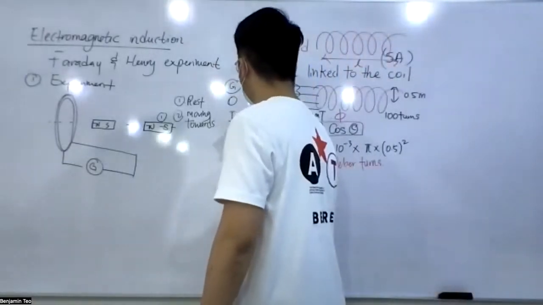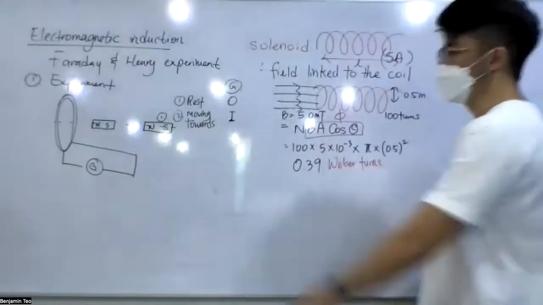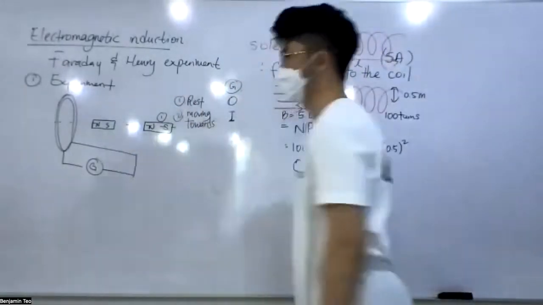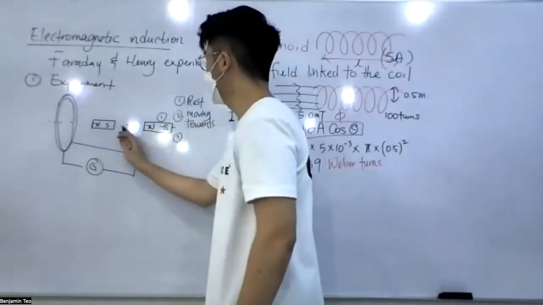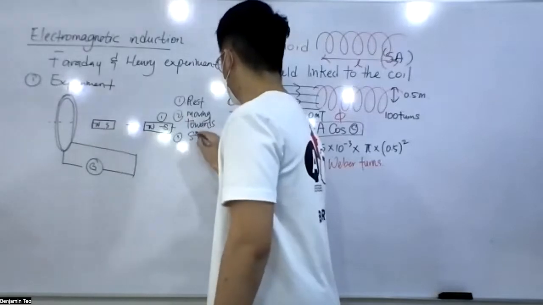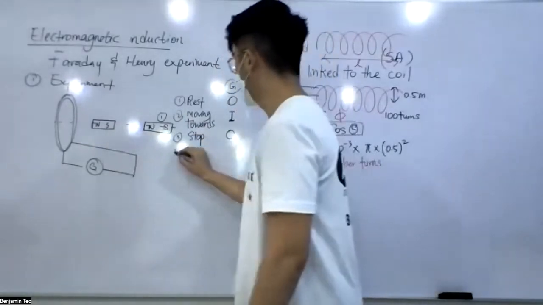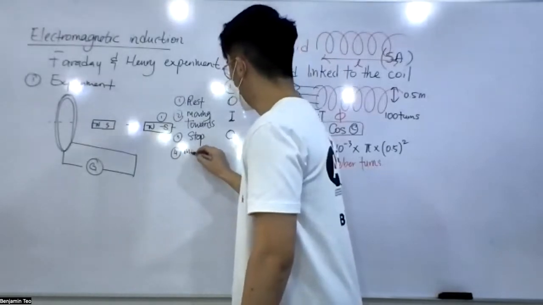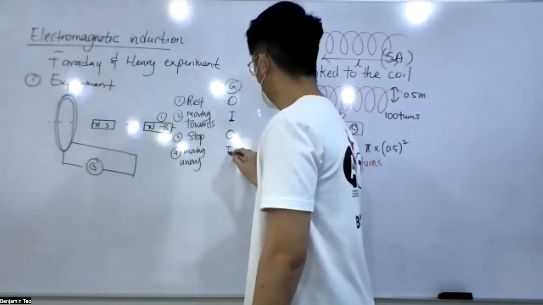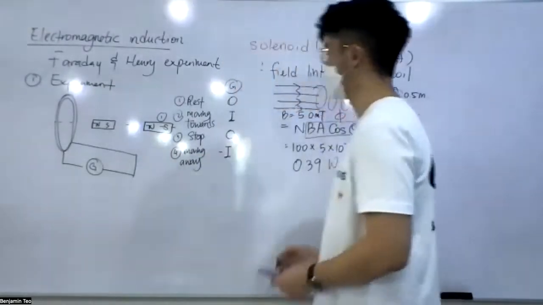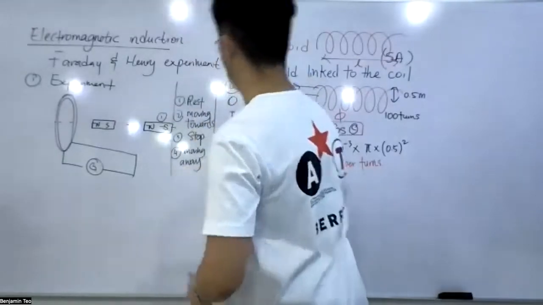Here, they observe they see a current is produced in this circuit. Then, moving towards, stop. Again, there's no current. And then, moving away. See, current, but in the negative direction.